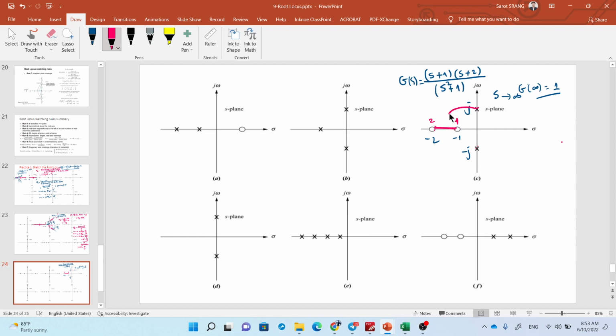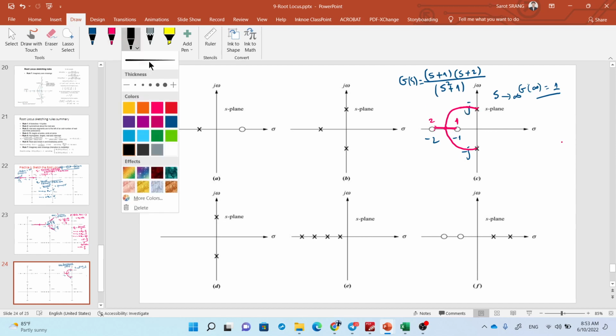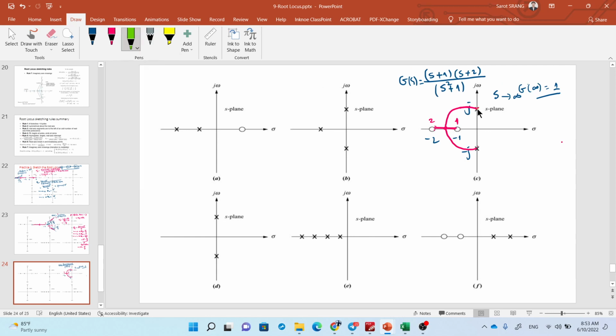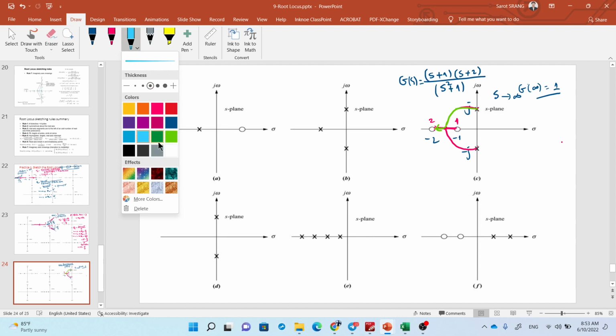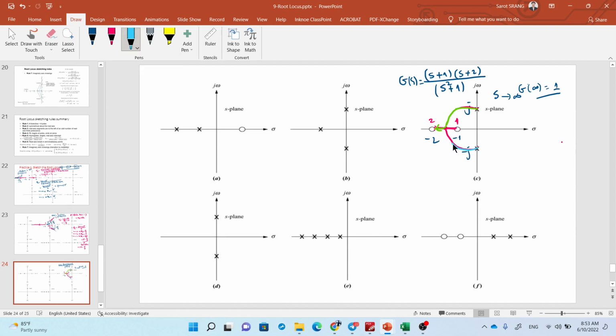So how can you have symmetry? Well, it must intersect somewhere, right? Like this. So it must have a double root here. So it means one branch goes this way. I should draw a different color. So one branch goes like this, and to this zero, for example. And another branch goes from here, intersects here, and then goes to this one. So number of branches equals number of poles. Validated.